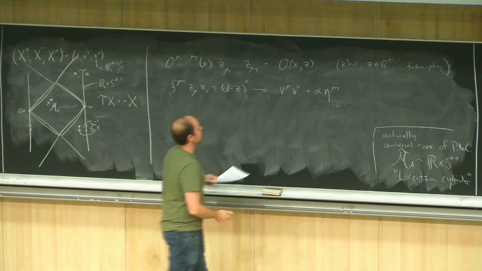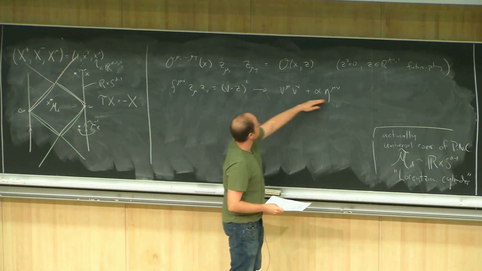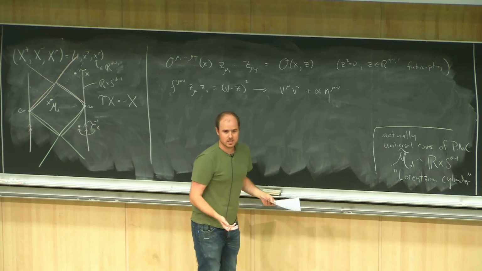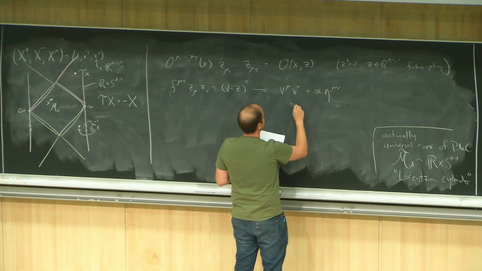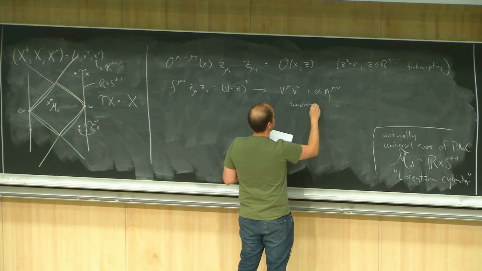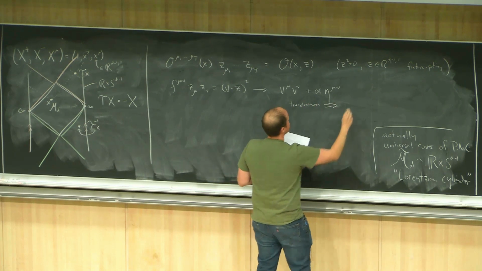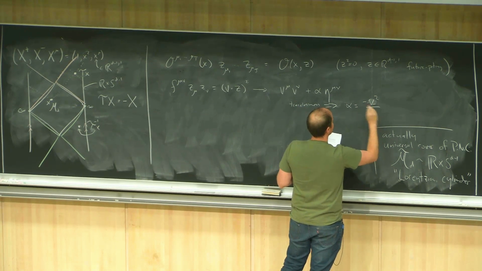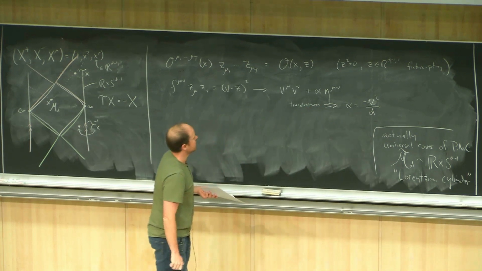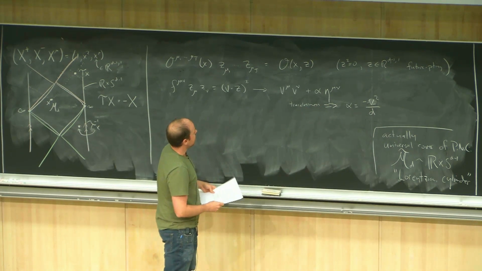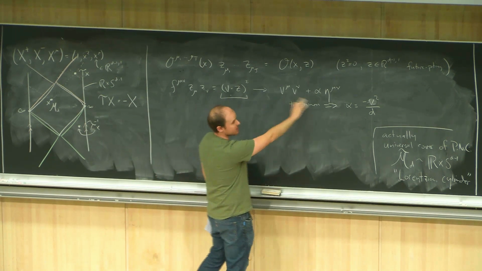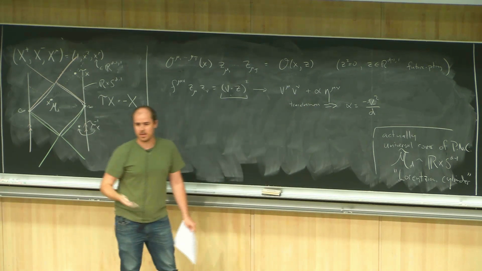And alpha is not fixed by the requirement that when we contract with z, we get this expression. But we know we want something traceless. So tracelessness implies that alpha is minus v squared over d. So there was a unique way to go from this expression to a traceless symmetric tensor, and that generalizes to j indices.